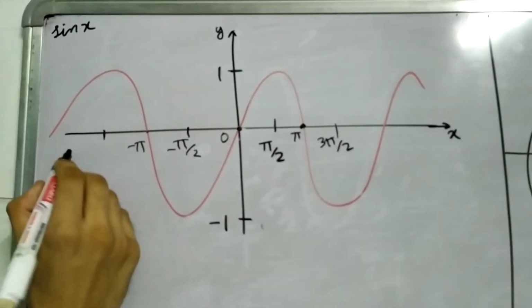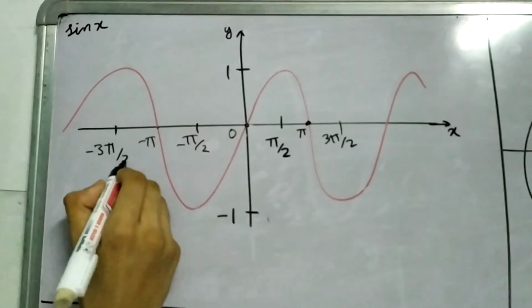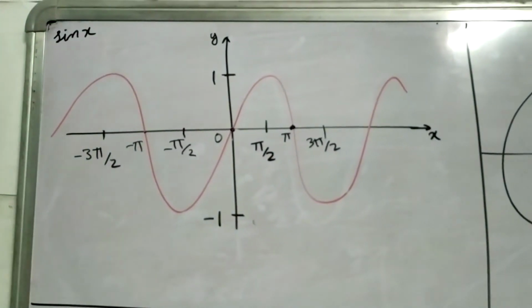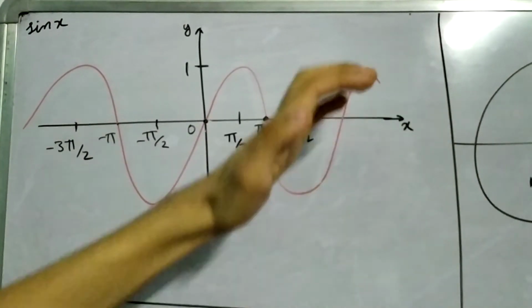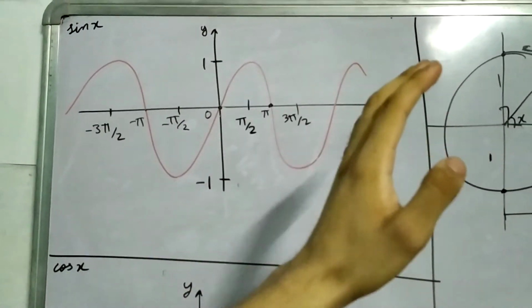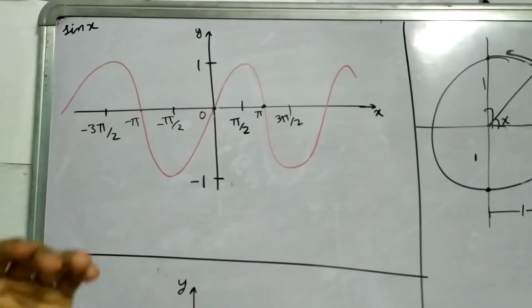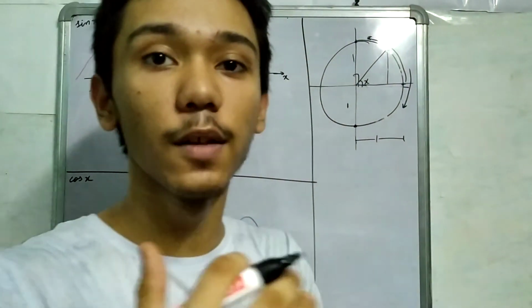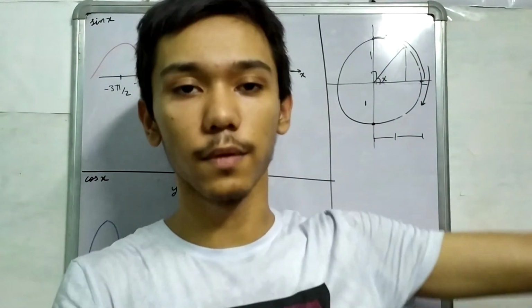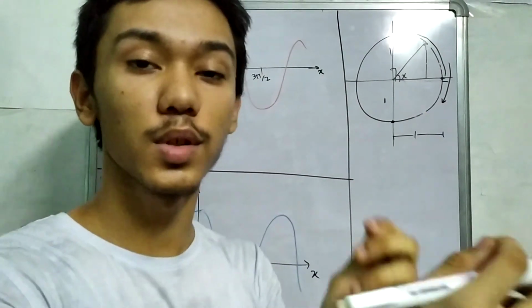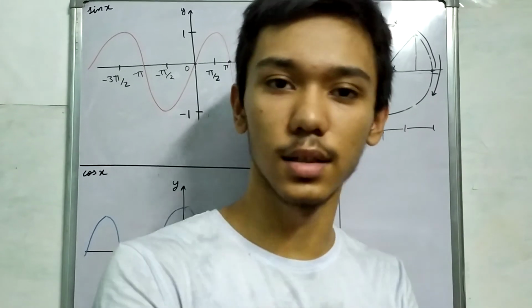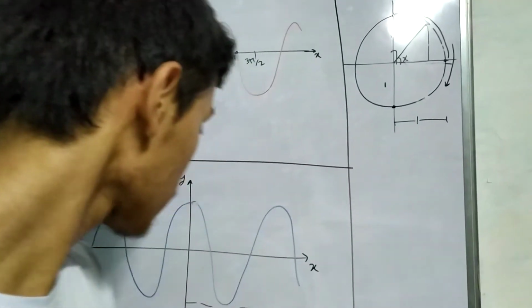This will be minus 3 pi by 2. So you see, it's a wave, and sine is extremely useful when we deal with waves in physics. Any sort of wave you can decompose into sines and cosines. It's a very interesting theorem of mathematics.